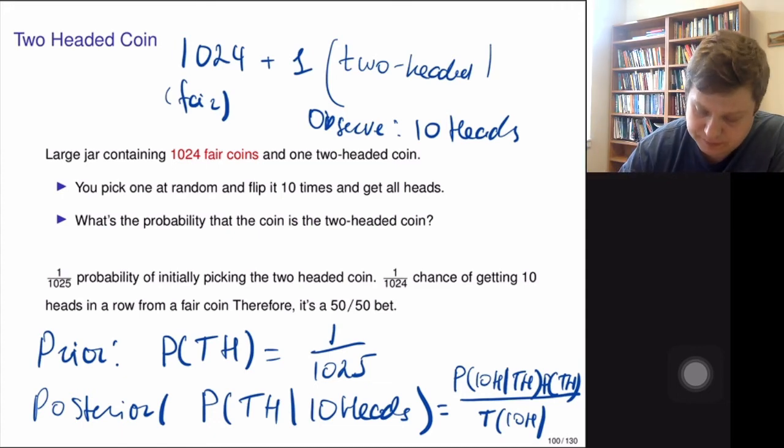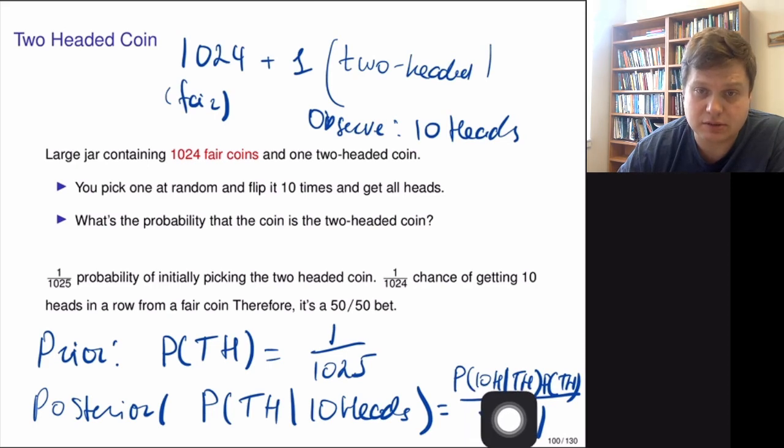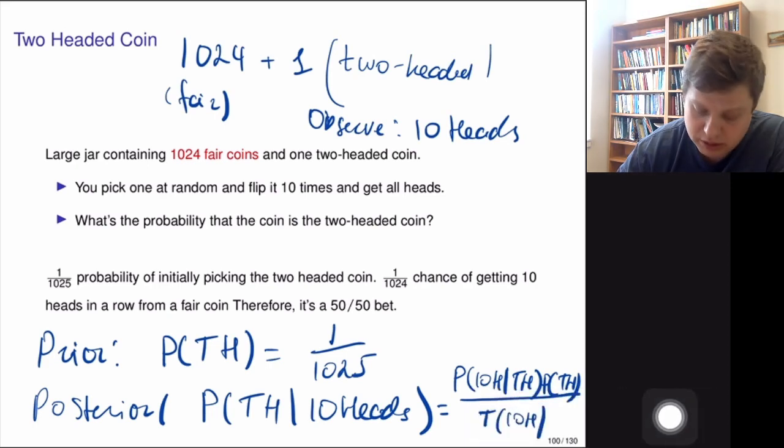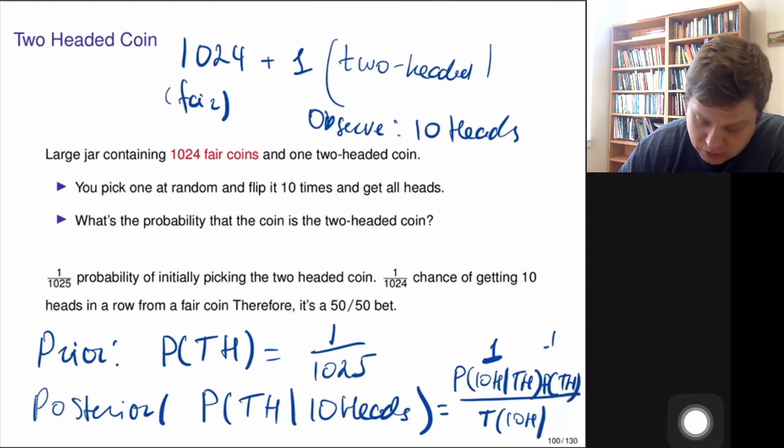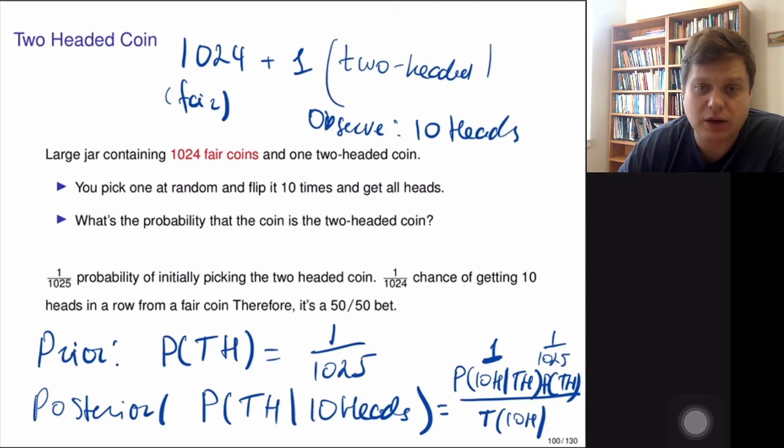The probability of observing 10 heads given it's a two-headed coin is 1, right? Because a two-headed coin will always end up on a head. And the probability of a two-headed coin, as we calculated, is 1 over 1,025.